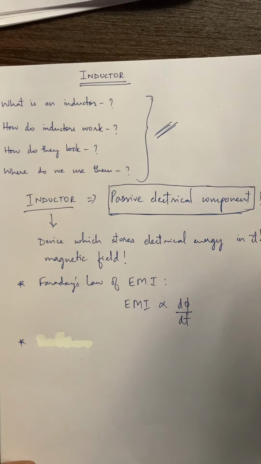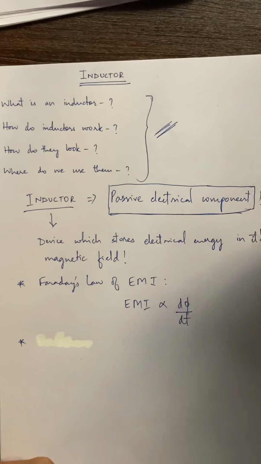Right. Now, before we actually get into the working of the inductors and how they look, let's see what an inductor is. An inductor is a passive electrical component. Now, there are two types of electrical components, passive and active. An active electrical component is a component which is capable of producing energy, such as a battery, a DC source or an AC source.